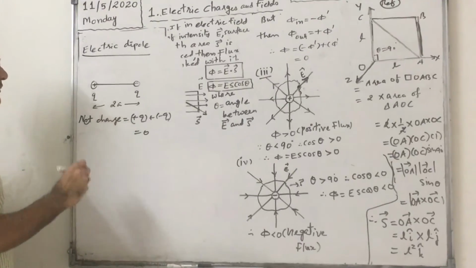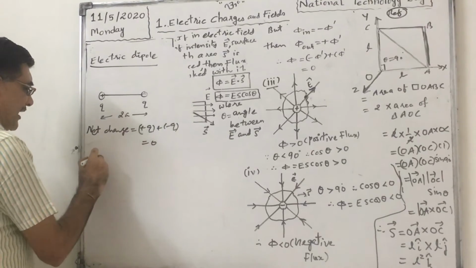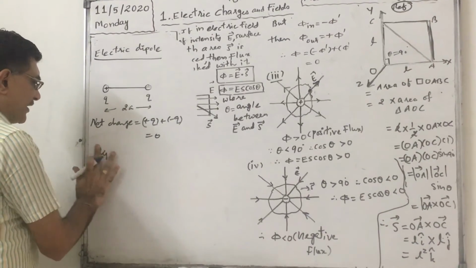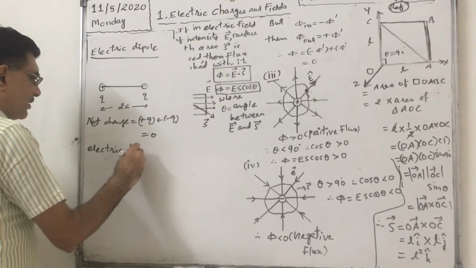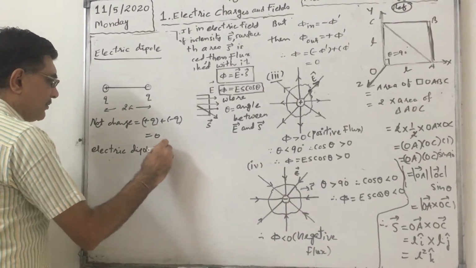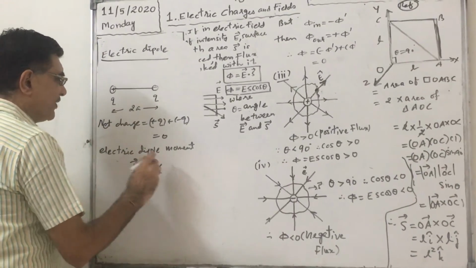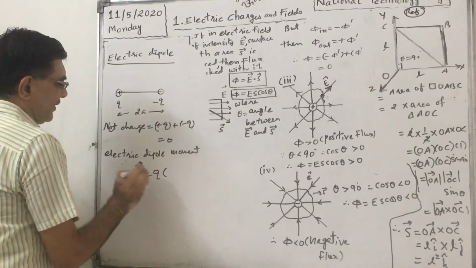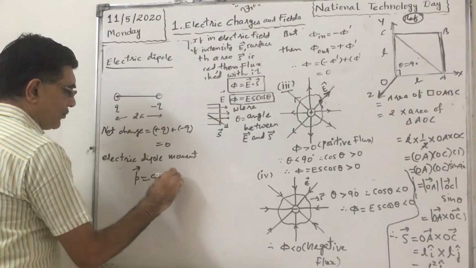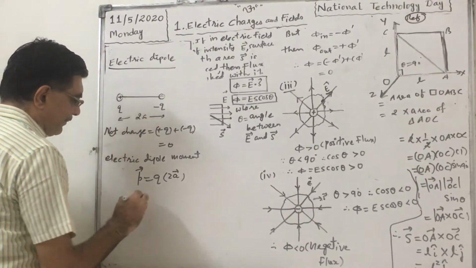But if this is placed in an electric field, it may rotate, so it has a dipole moment. That is called the electric dipole moment. The electric dipole moment, vector P, is defined as Q, meaning the magnitude of this charge, this is minus Q, into 2a, so Q into 2a.